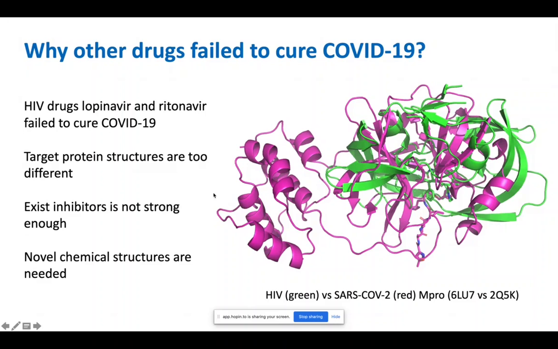Other inhibitors people also tried. So far, there's some promising candidate, but there's still no proved drug against COVID-19.